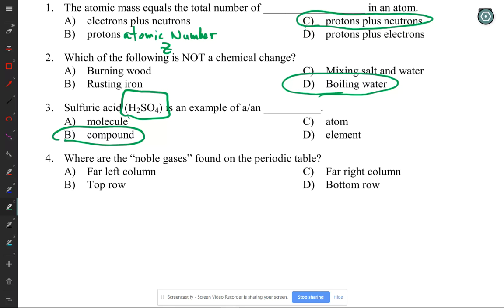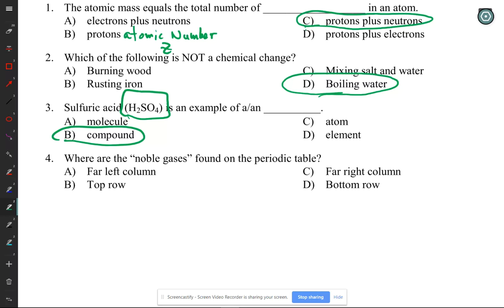But since it's different elements, it's a compound and a molecule. It has 3 different elements, and anything that's 2 or more elements is a compound. So the goal here was compound, but if you put molecule, I will not mark it wrong because it's also a molecule.